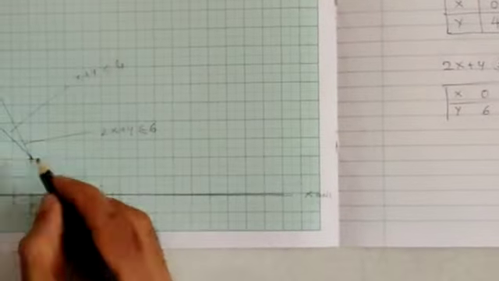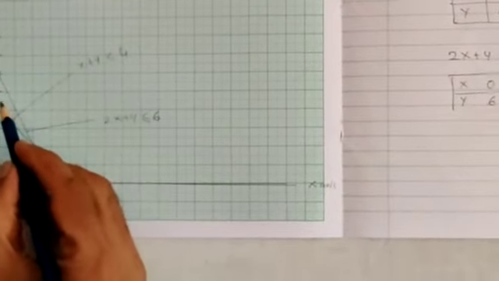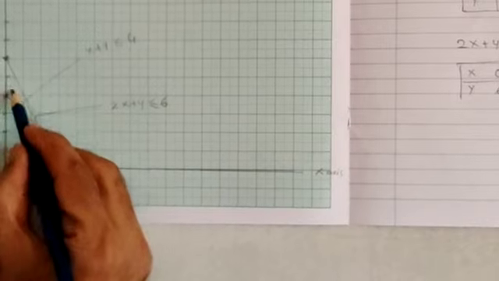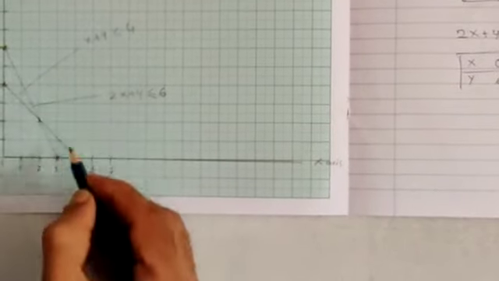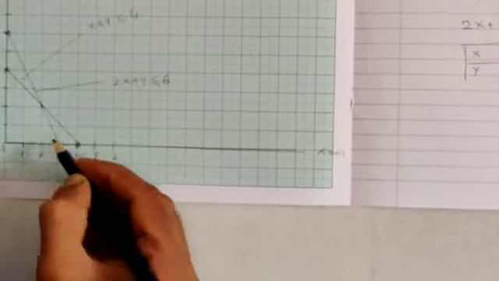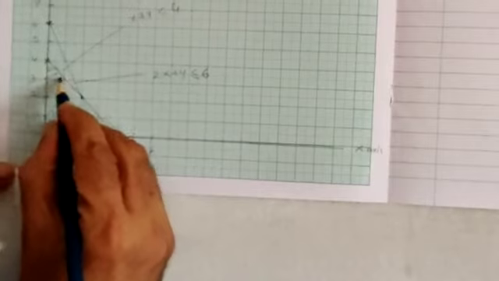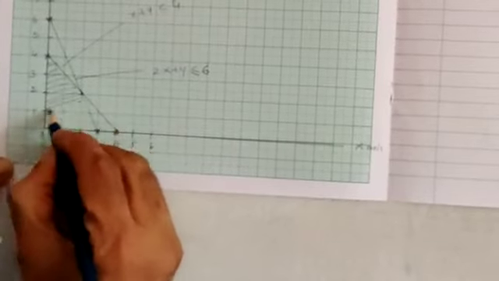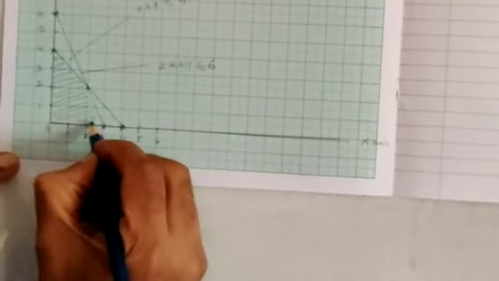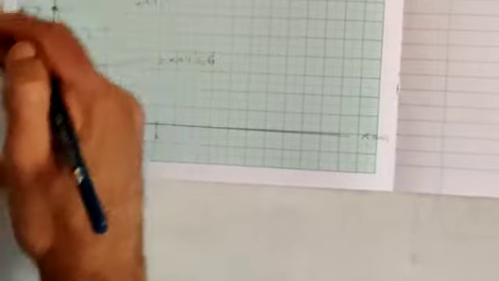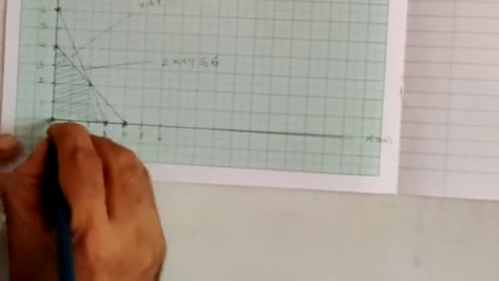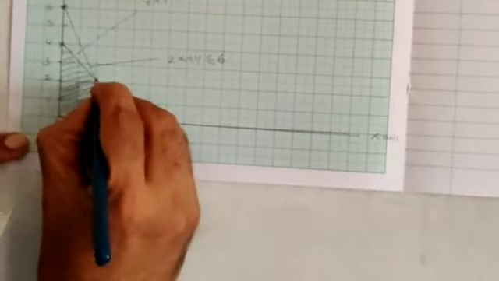Again it says that your feasible region will lie below this line or below this line. So this particular region exactly fits the bill. That means it falls below this first line and again it falls below the second line. Therefore this is your feasible region.